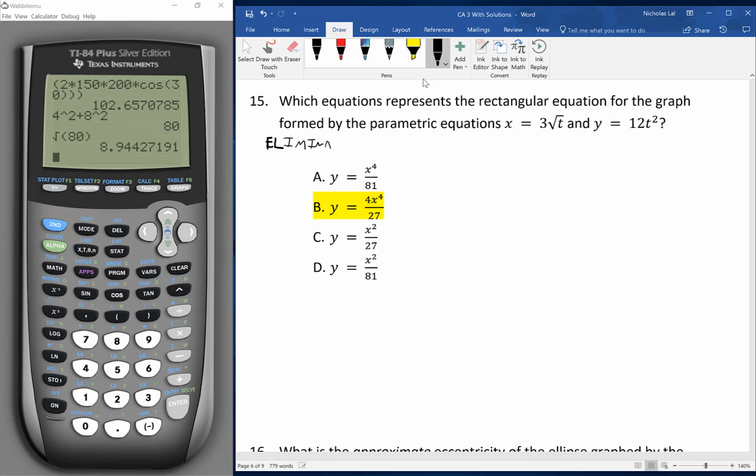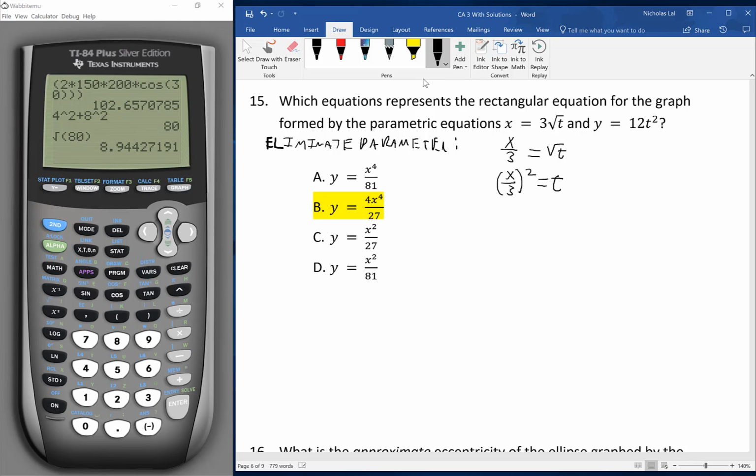So if x is equal to 3 times the square root of t, then x over 3 is equal to the square root of t, and x over 3 squared is equal to t.